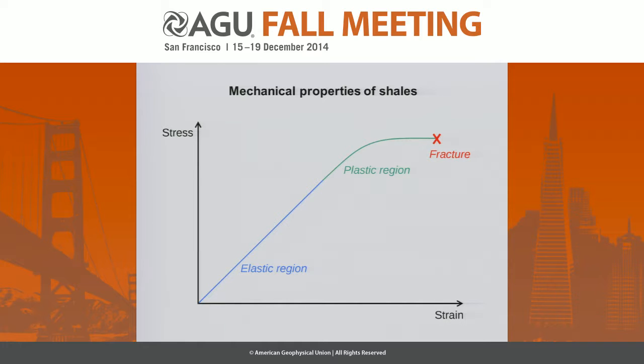Now, if we want to understand the full regime, the way the rock will behave under these different conditions, we're not just interested in the fracture and how it breaks. What we're going to focus on in this particular talk are the factors that influence the elastic properties and the elastic behavior of the rocks, and that's at different scales.